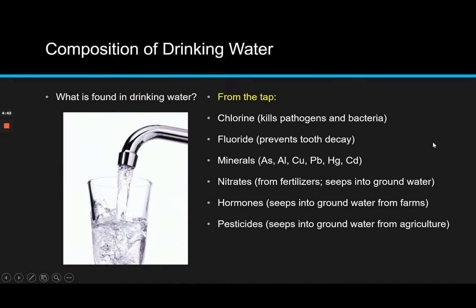In addition to hormones, pesticides is also something else that can seep into the groundwater, okay, and basically anything that seeps into groundwater potentially can have the ability to seep into tap water. Now, depending on water facilities, most of these hormones and pesticides are removed, but small trace amounts can still be present.